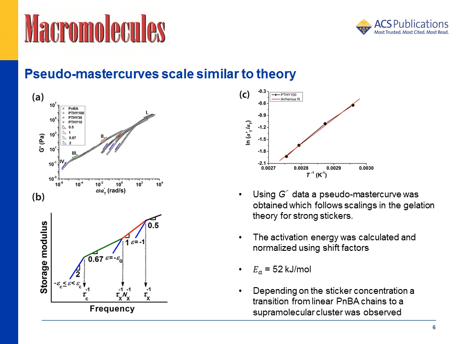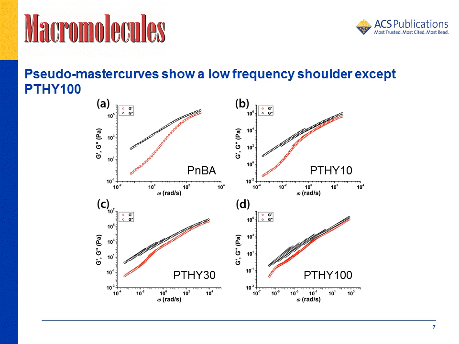Therefore, a pseudo-master curve could be compared with the theory, implying that with increasing the sticker composition, a transition from linear chain to cluster is happening. For the case of polymethyl acrylate, it has been argued that the appearance of a terminal slope smaller than 1 and 2 is due to phase separation of the acrylic acid groups formed by accidental hydrolysis during the synthesis of polybutyl acrylate.